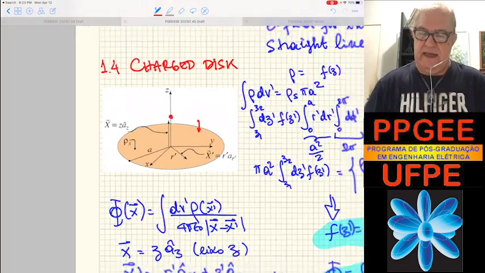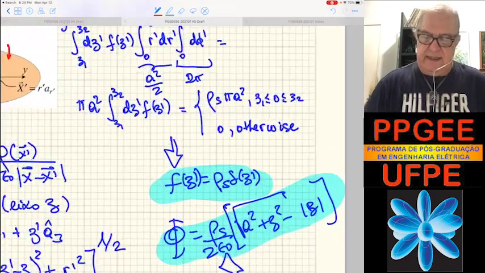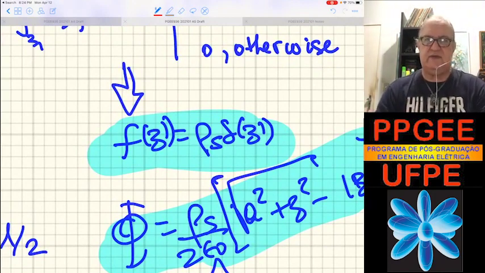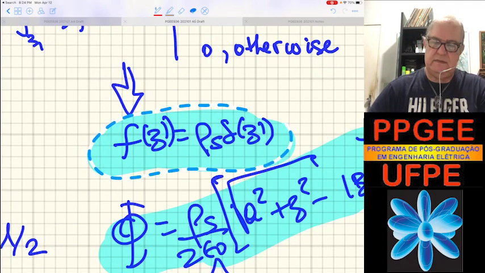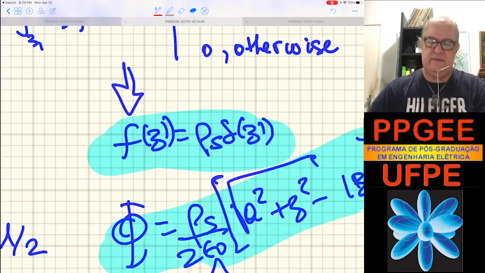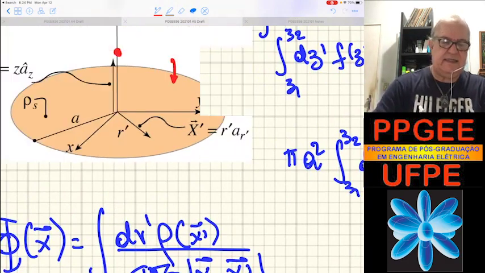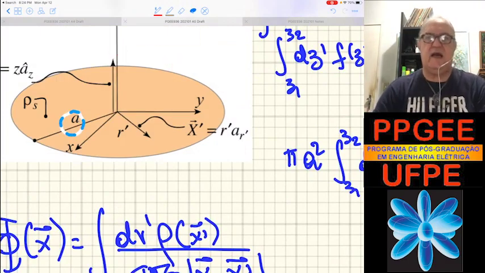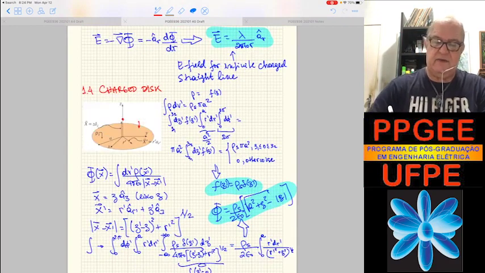Can do that. Again, this is the density function. I'm just going to show you the result now. You work it out. This is the density function that represents the surface density, which is a constant density on a disk of radius r, okay? So this is the way to calculate this.